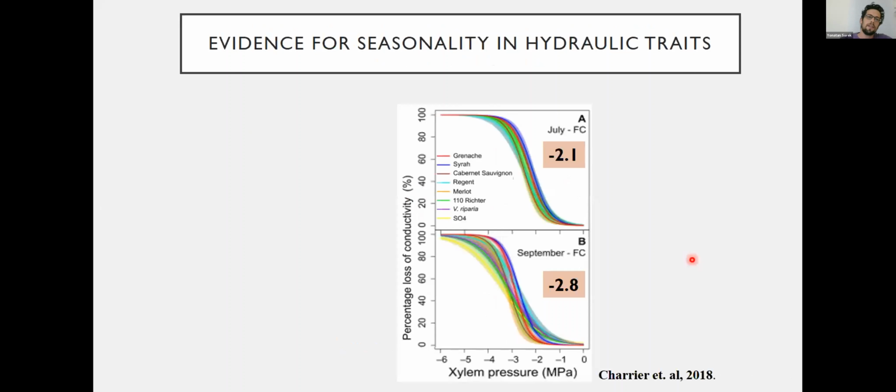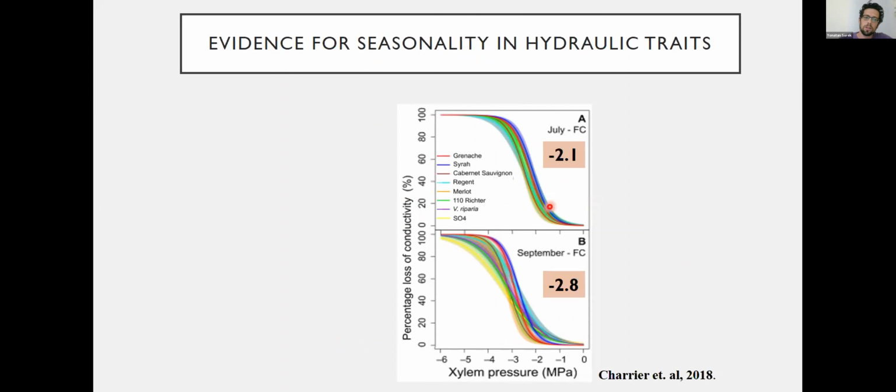But there is little evidence for a seasonality in these traits. Here you can see a paper from Charrier. He found in 8 cultivars of grapevine that the vulnerability curve of the stem decreased from July to September by 7 bars.